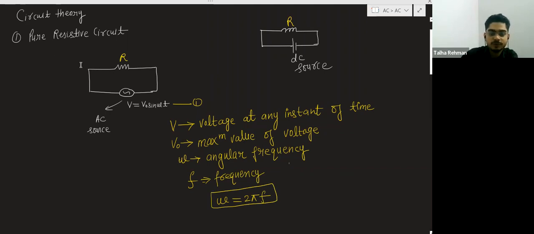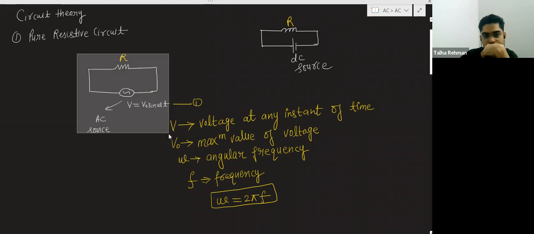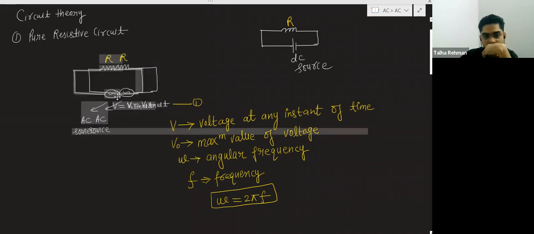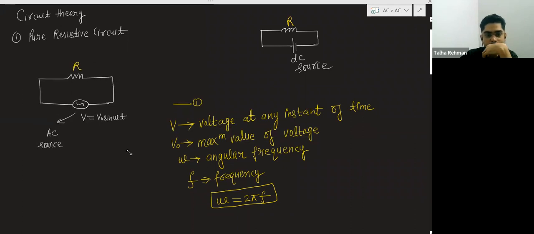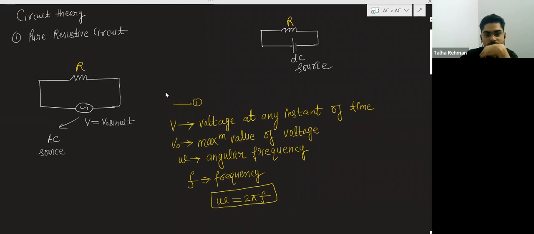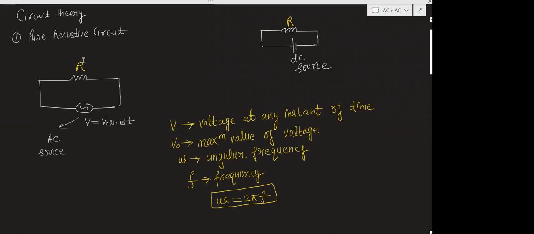Okay, so we will see this circuit. Here is this voltage source. Now focus on this circuit. This is the voltage at any time in this circuit, and this is the resistor, or resistance.